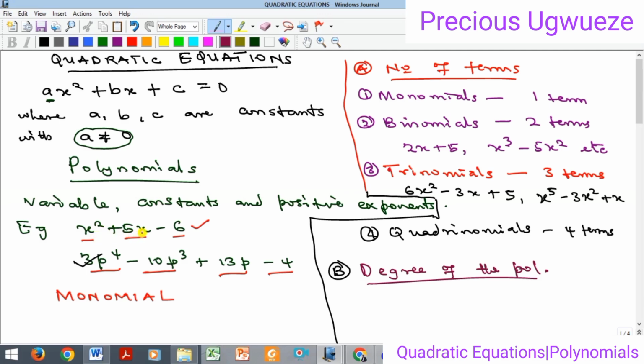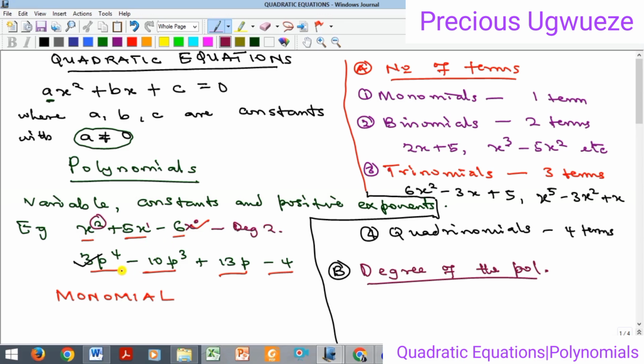So x is here, x is here. The exponent of x here is 2. The exponent of x here is 1. And there's also x here. Like I said, there is x raised to power 0 here. But you can see that the highest exponent here is 2. Therefore, you would say that this is a polynomial of degree 2. You will say that the degree of this polynomial is 2.